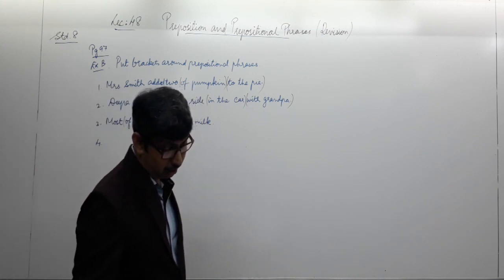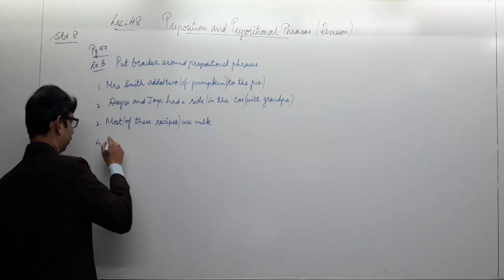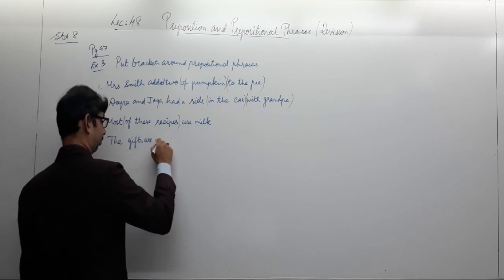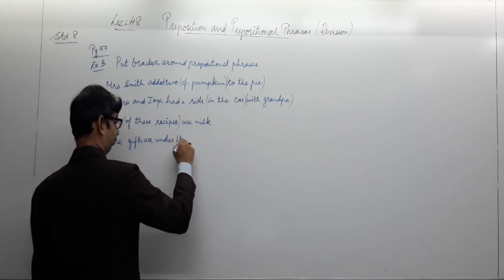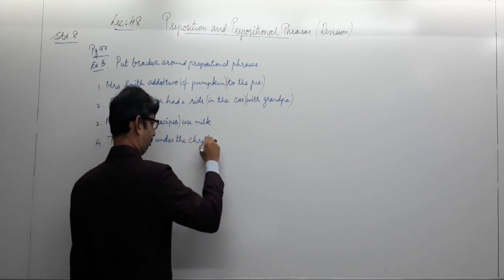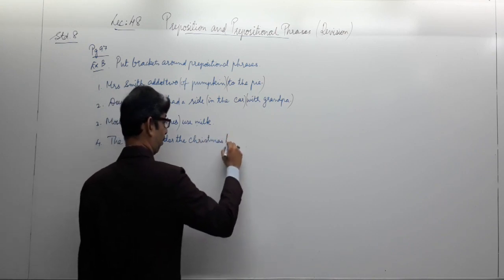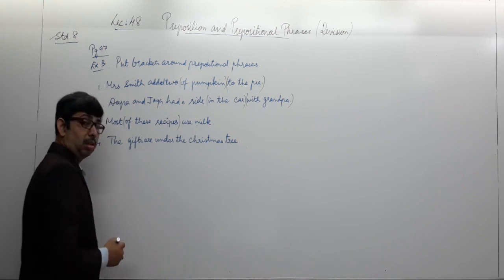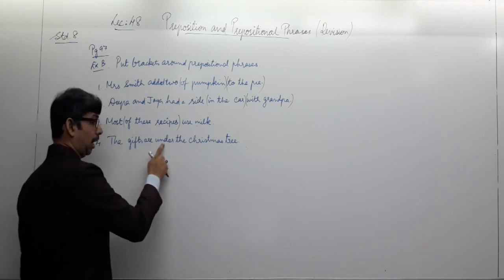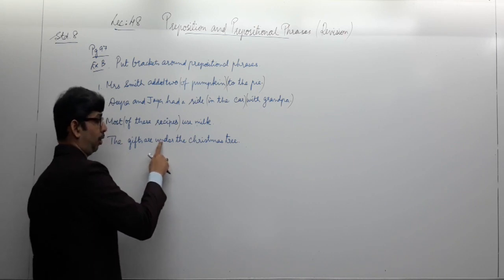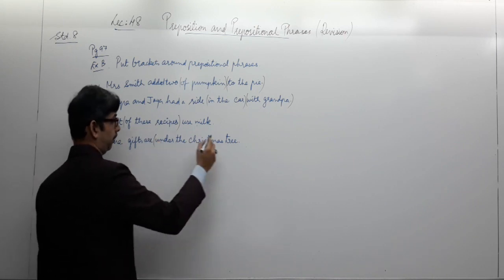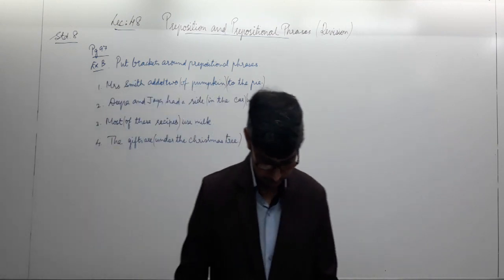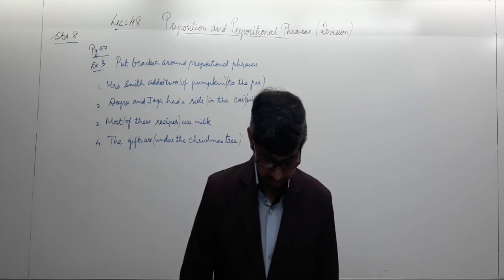The gifts are under the Christmas tree. So having a careful look, you will find out the preposition is the word under. So along with the word under, followed by the object, we will mark it out as the prepositional phrase. The next one, number 5.